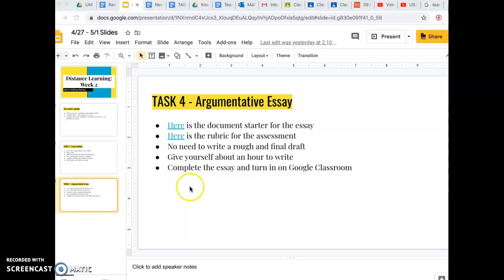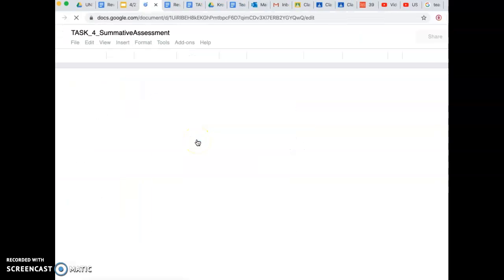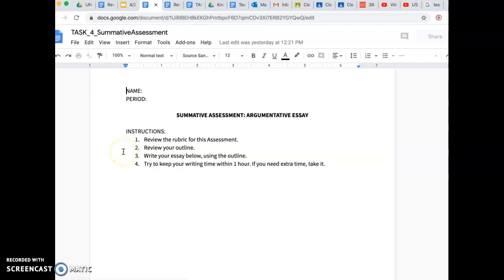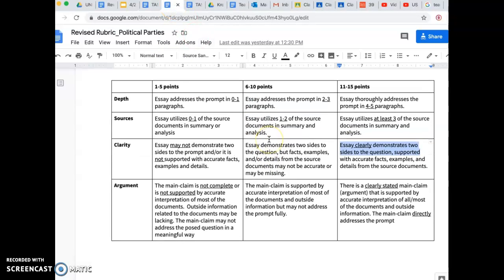All right, now we're going to look at the argumentative essay. Here is a document starter for the essay. This is also in Google Classroom if you'd like to use that. Name and period at the top. Instructions. Number 1, review the rubric for this assessment. Now, we've already done that together briefly.